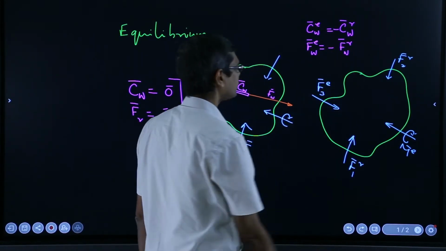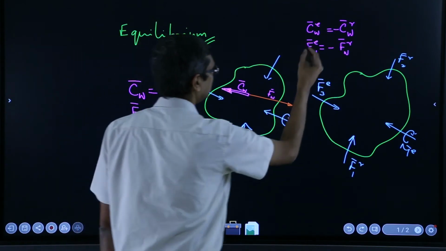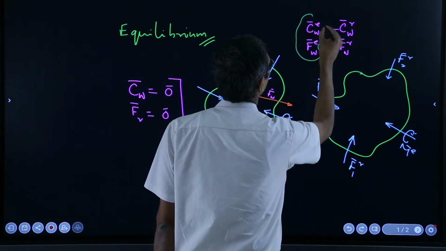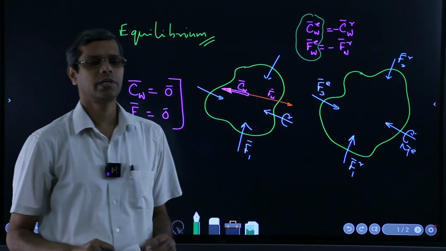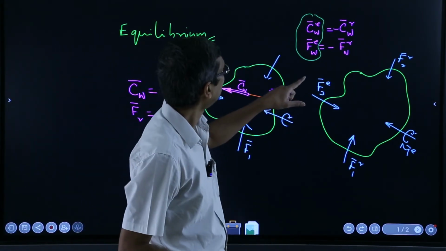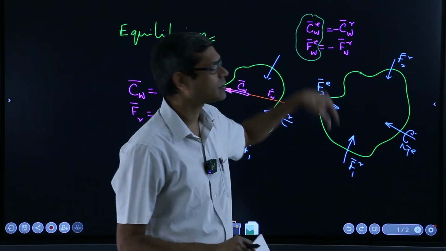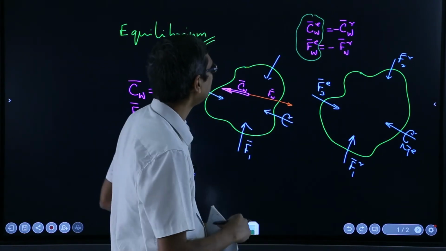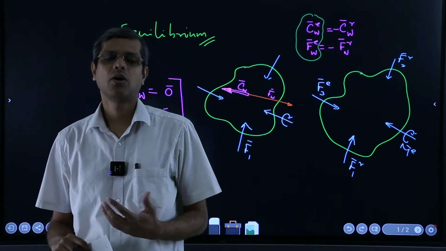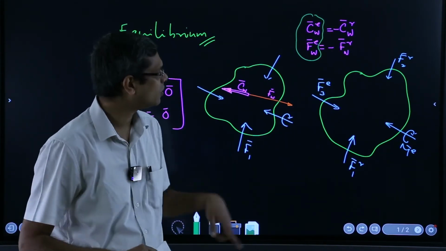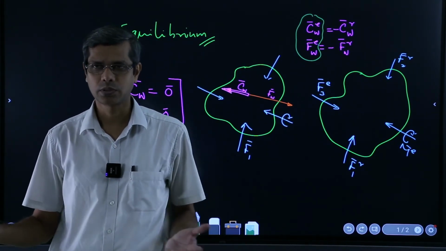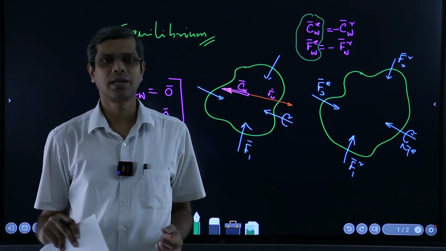That means this part is the wrench which is the equivalent resultant or the simplest resultant coming from all the externally applied loads, and the right hand side is the wrench or the simplest resultant which is coming out of all the reaction forces from the ground, the supports, and then they must cancel out each other.